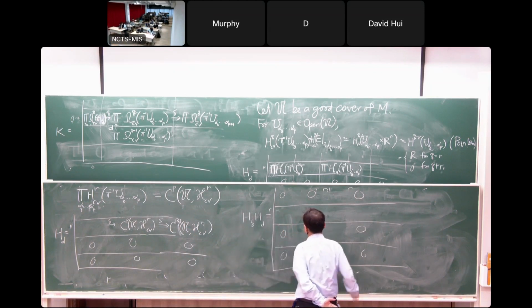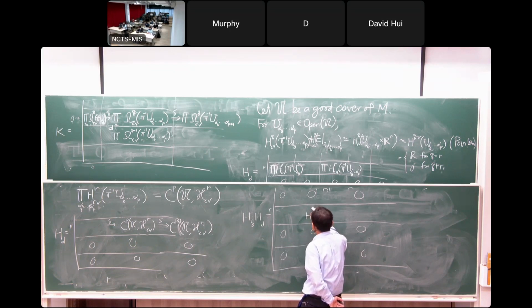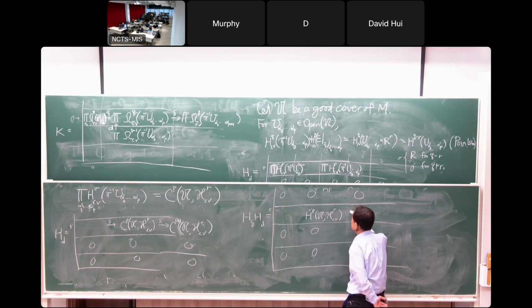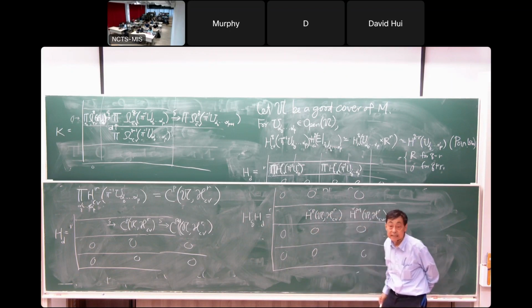So we get a single row, and it's the Cech cohomology of the open cover with values in the pre-sheaf H^r(pi inverse). Okay, that's H delta H_D.